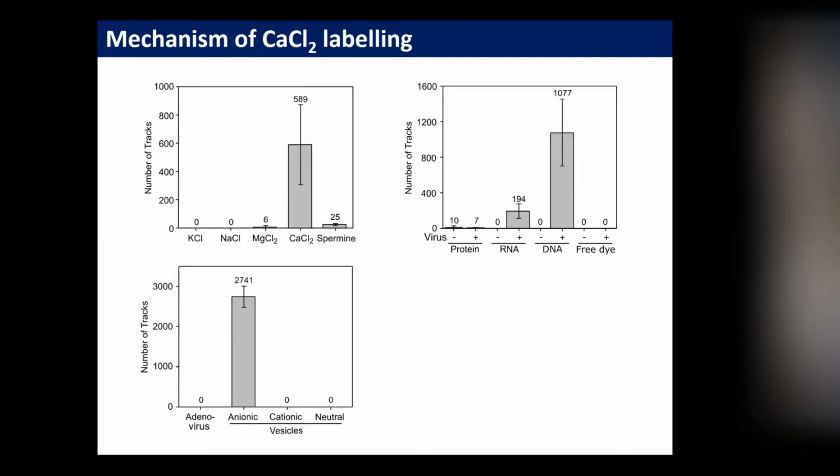Anionic vesicles with an overall negative charge labeled beautifully, but vesicles with either a positive charge or a neutral charge didn't label at all. Taken together, it looks like we need a divalent cationic solution like calcium chloride, DNA, and an envelope to get labeling.